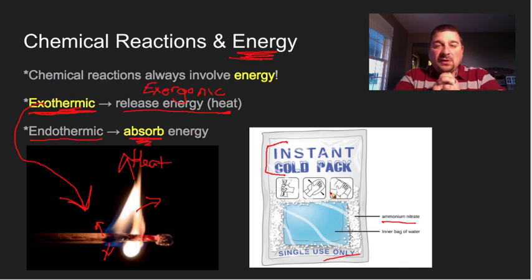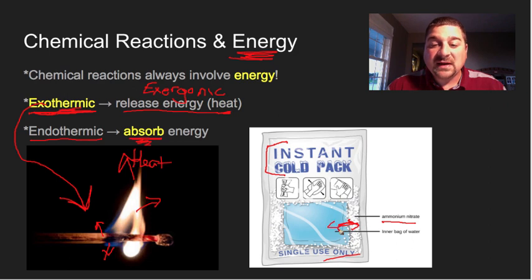They push real hard and pop that inner bag of water to mix with the ammonium nitrate, and then they shake it up, and when you put it on your elbow that you bumped, it feels cold. Why is that? There's a chemical reaction taking place in there between the ammonium nitrate and the water that is absorbing energy, so it absorbs heat, or feels cold to our elbow, and it helps keep the swelling down and helps with the pain of your boo-boo.